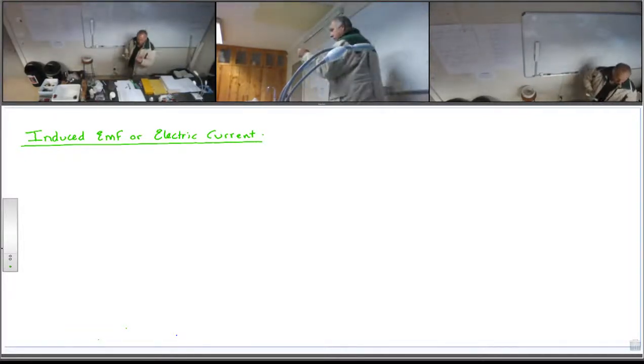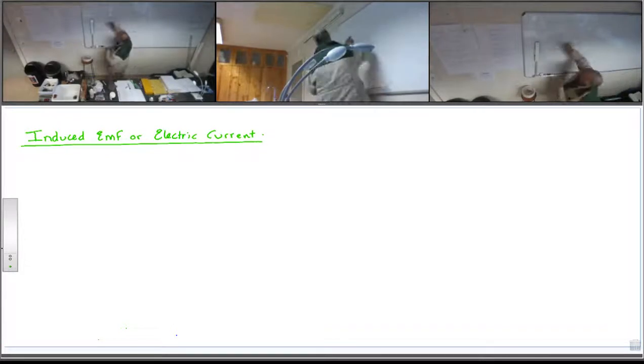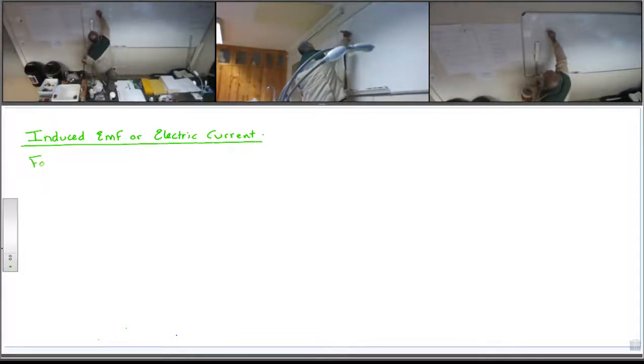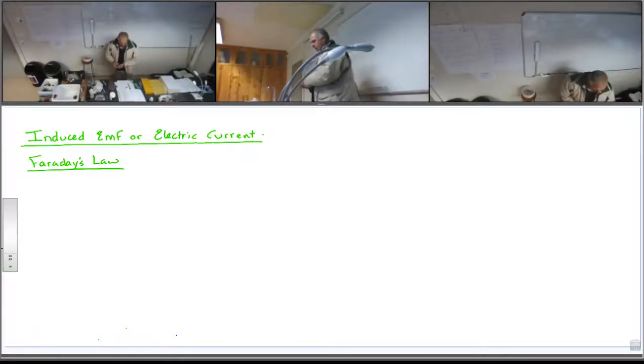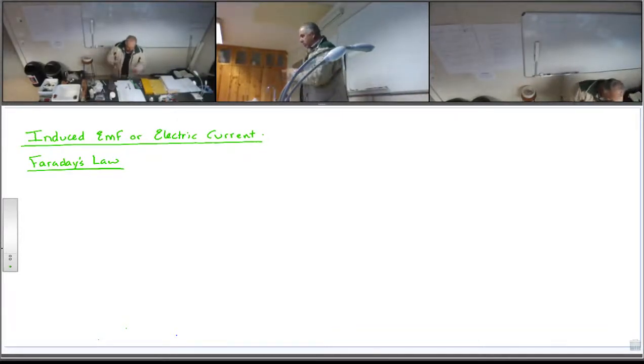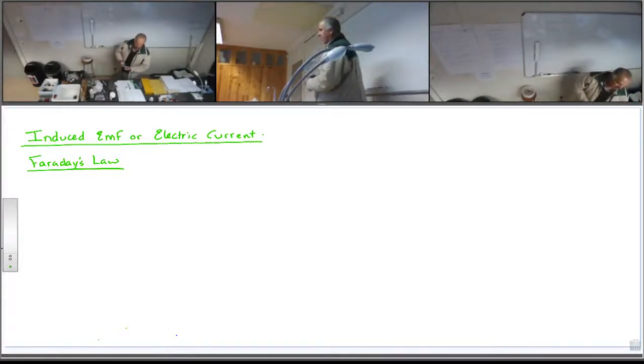What did we say? First of all, Faraday's law, and I'm just going to read it out to you as I've got it in your textbook, which states, the magnitude, in other words, the strength of the induced EMF in a coil is proportional to the rate of change of magnetic flux.